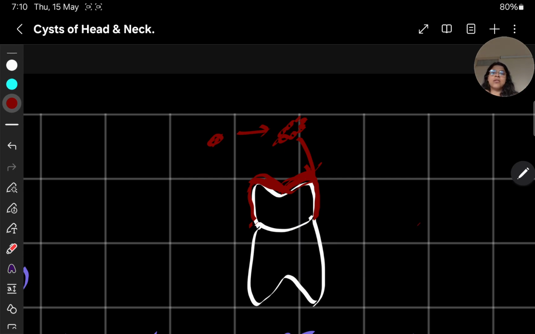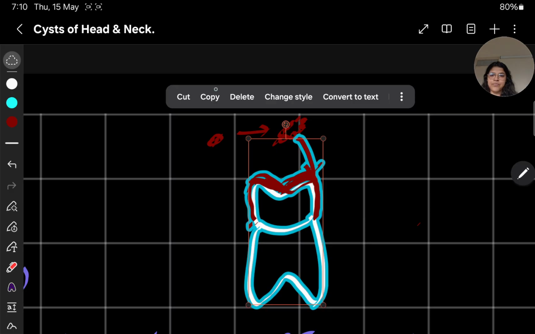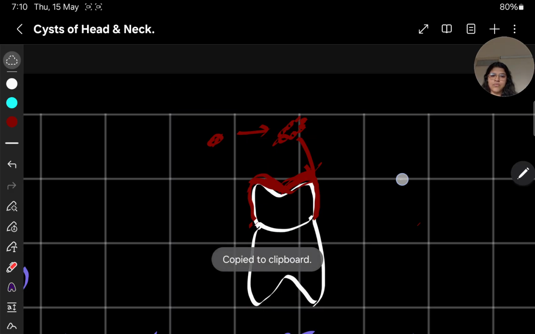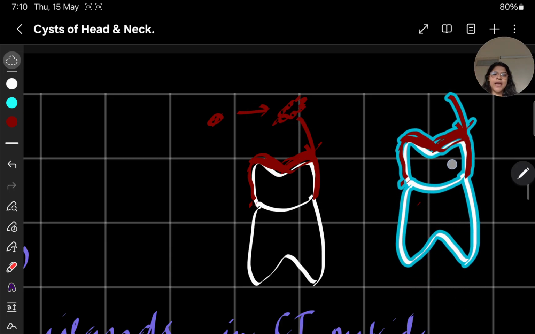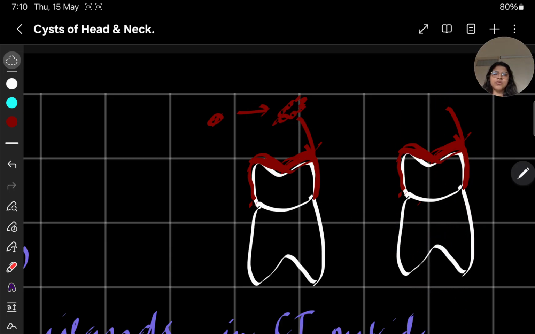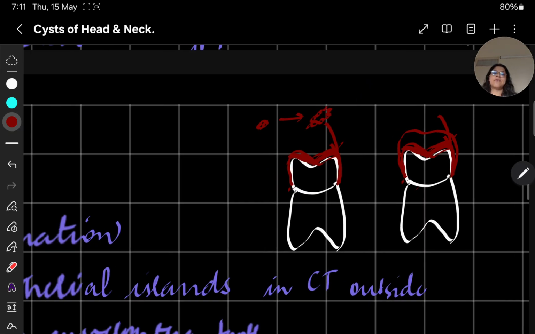The cystic cavity comes in and envelopes the tooth. So the tooth is going to have the cystic cavity now.